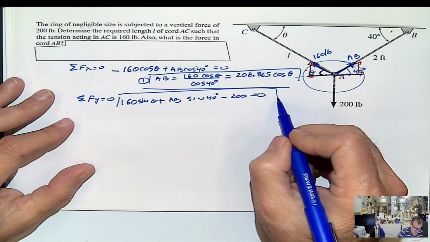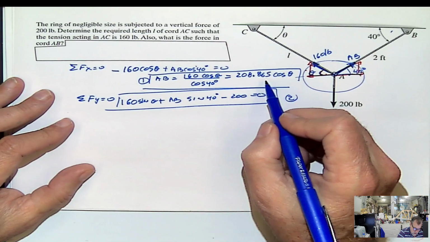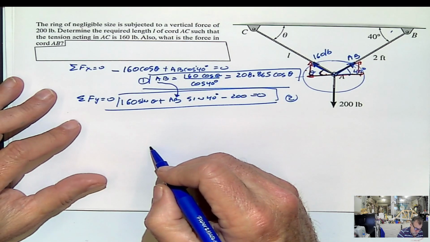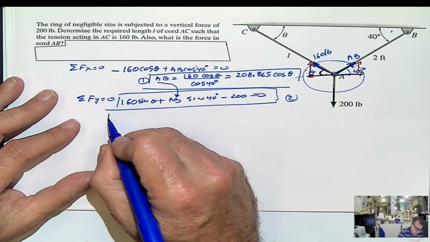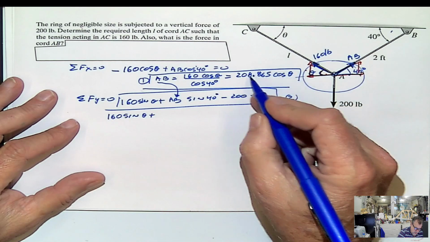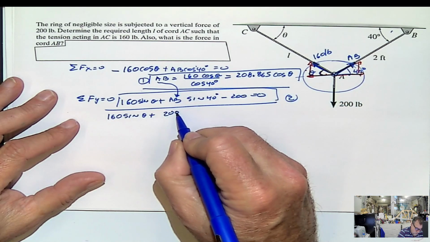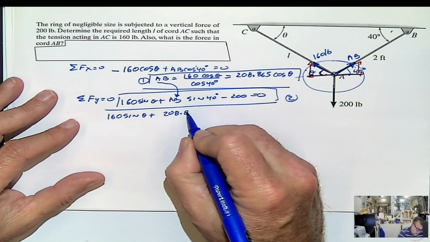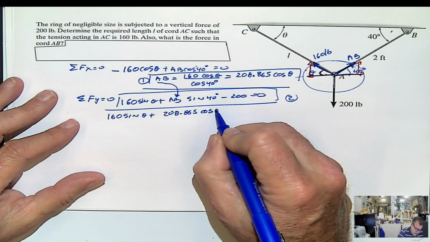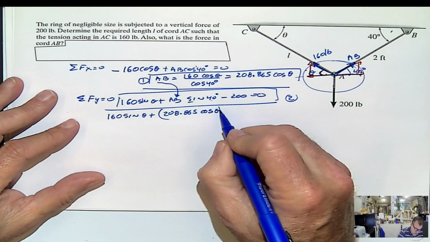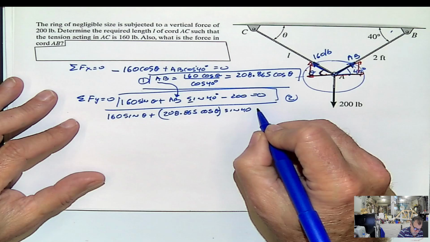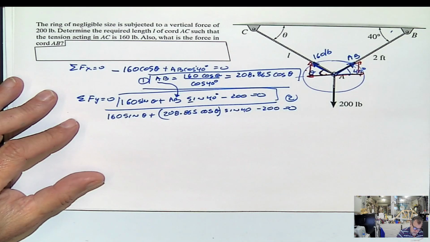That will be our equation number 2. And I'm going to put the value for AB here. So basically we have 160 sine of the angle plus AB, but AB is this, 208.865 cosine of theta, times sine 40, minus 200 equals 0.